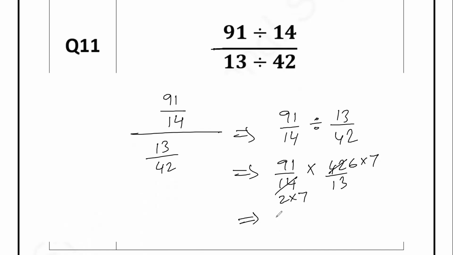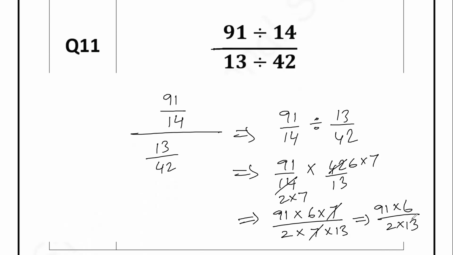So that is 91 times 6 times 7 over 2 times 7 times 13. So the 7s cancel. So 91 times 6 over 2 times 13.